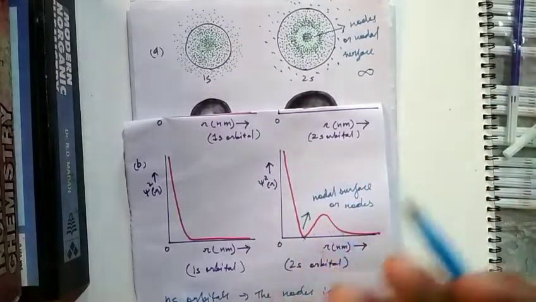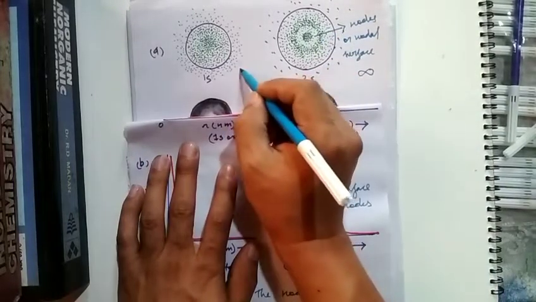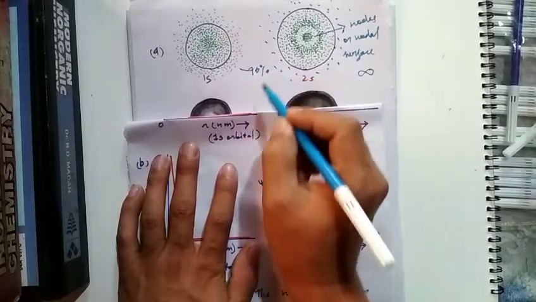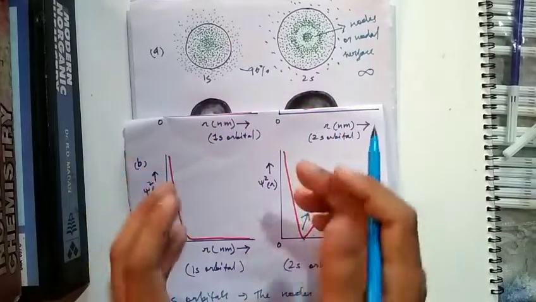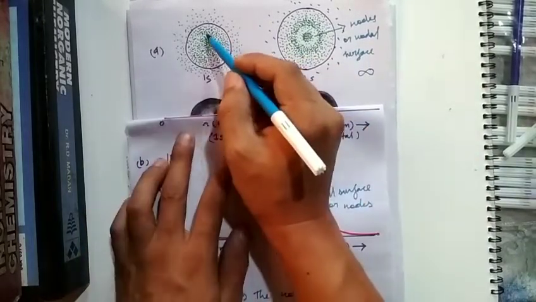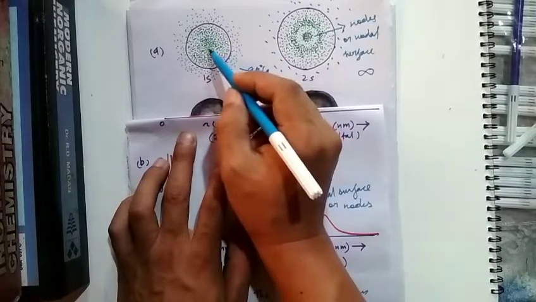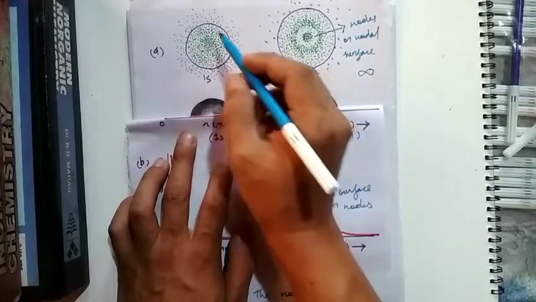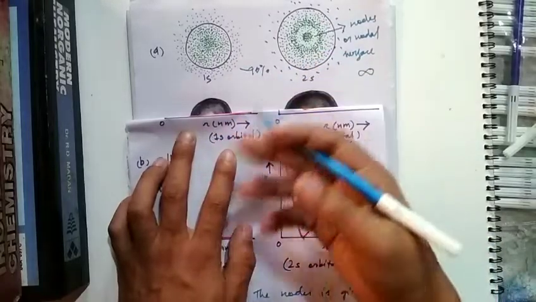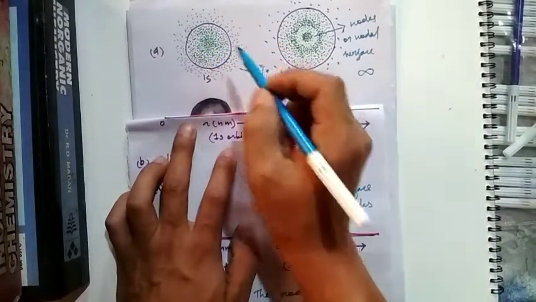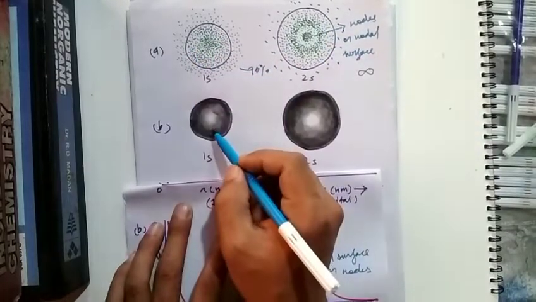That will become a very big shape. But considering 90% of the electron density in and around the nucleus, where the maximum probability of finding the electron is 90%, we draw a circle and represent it like this.